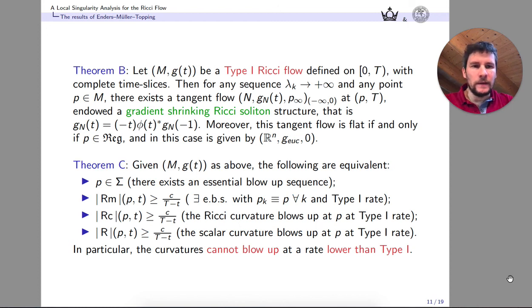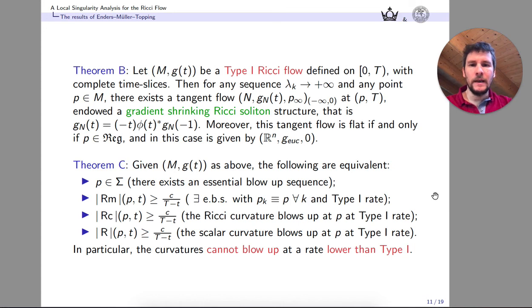That just means there exists an essential blow-up sequence for this point. Or, equivalently, the Riemann tensor at P and time little t blows up by some constant over the remaining time to the singularity. So that means we can pick actually for our essential blow-up sequence p_k always equal to P for every k.